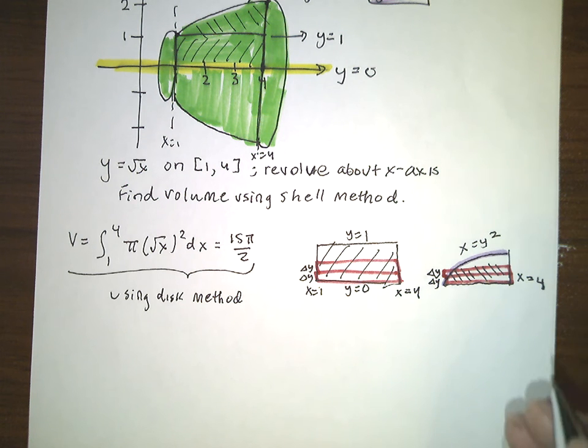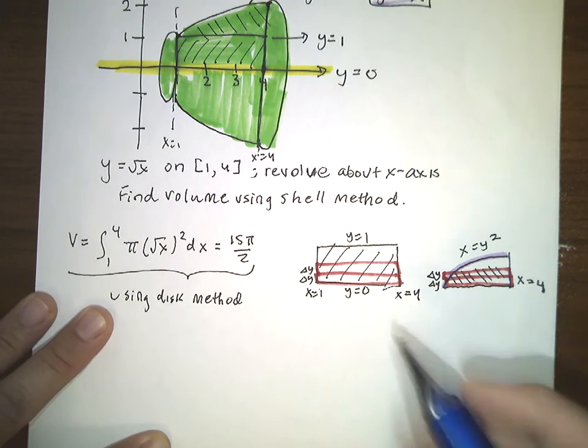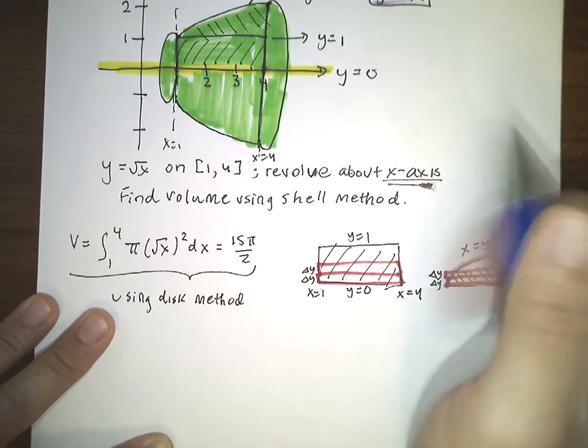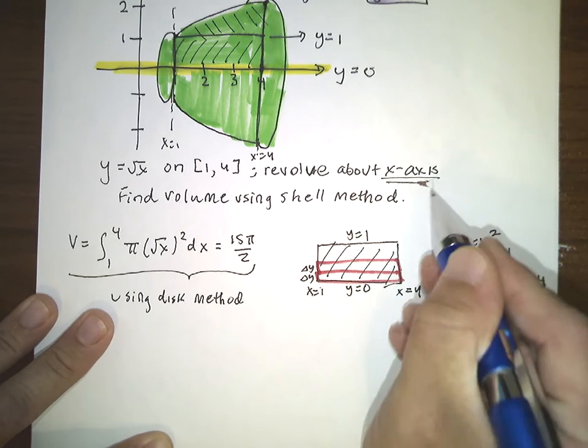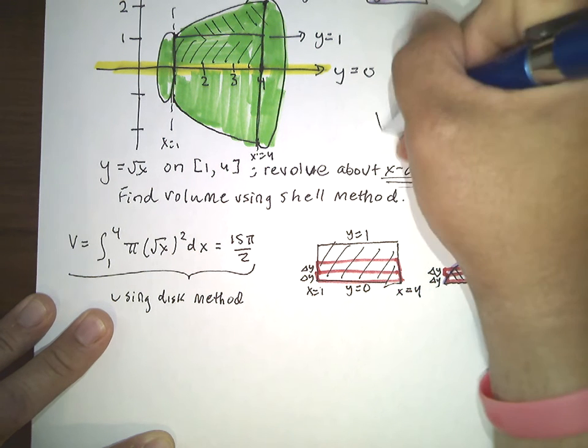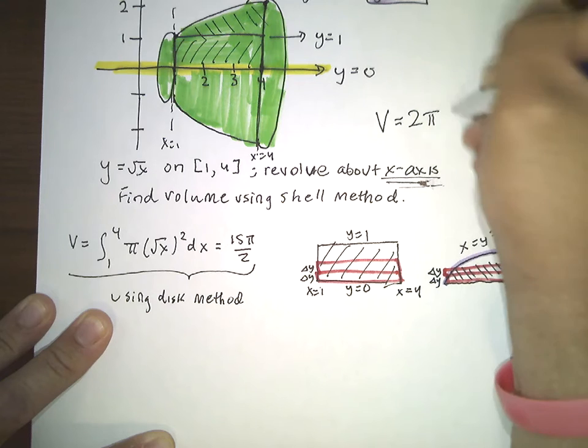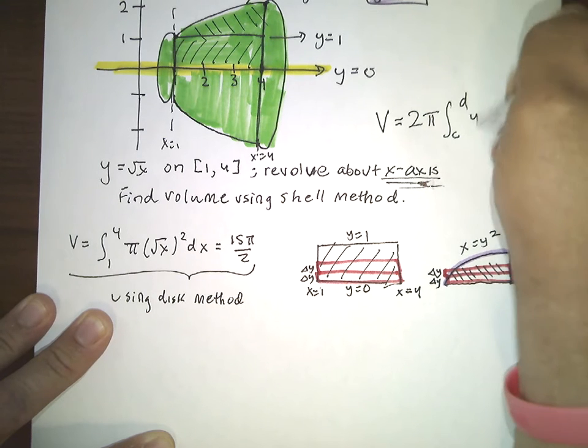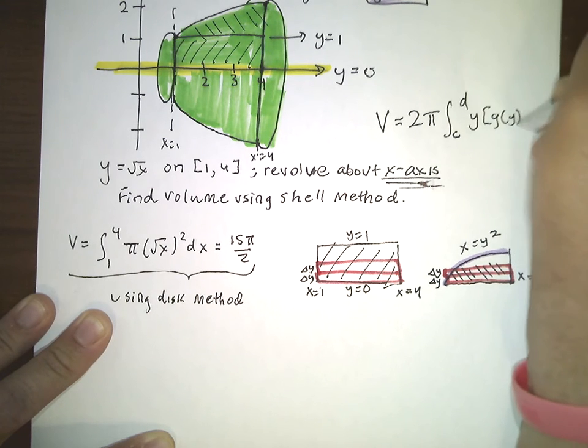Now for the shell method, remember that the formula, when we have a horizontal axis of revolution, like the x-axis here, is volume equals 2 pi integral from c to d of y times g of y dy.